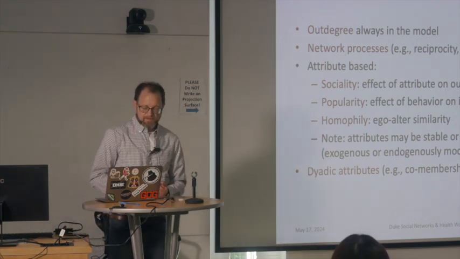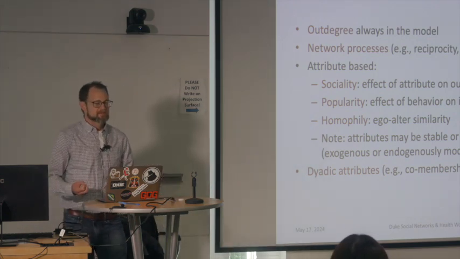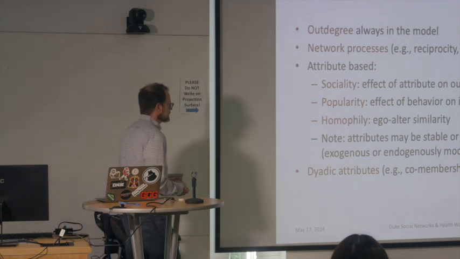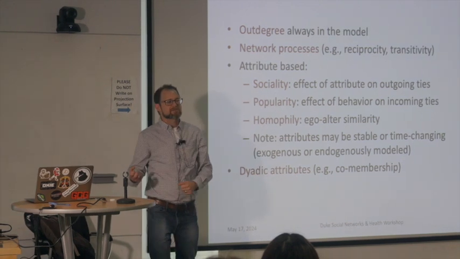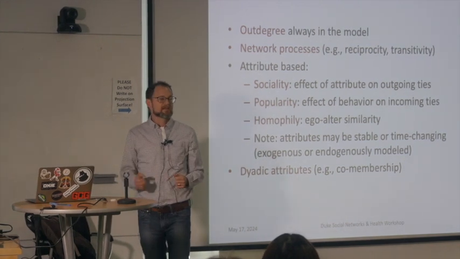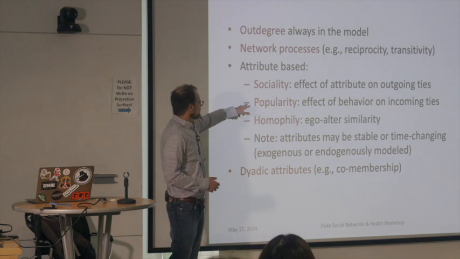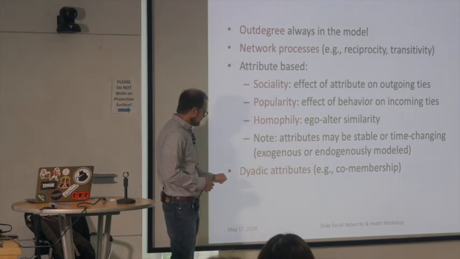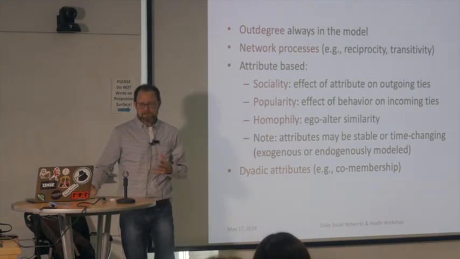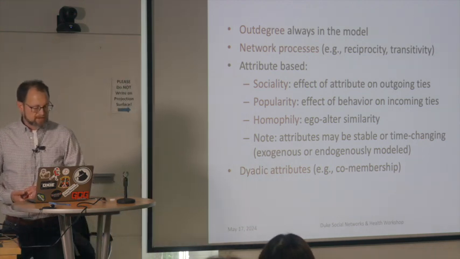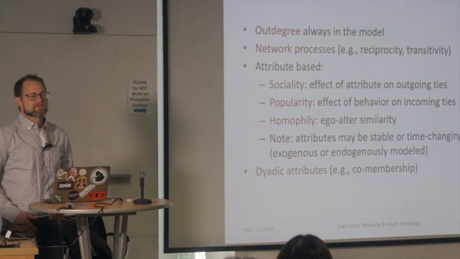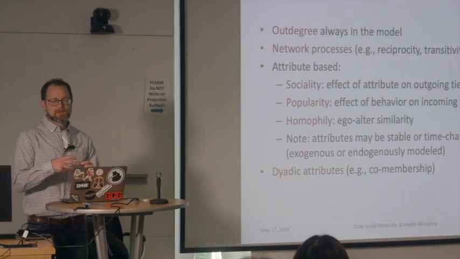We can also think about attribute-based effects. So we talked about homophily, but also sociality. Actors with certain attributes might send more ties, and actors with certain attributes might receive more ties. These things can be stable or time-changing. Oftentimes, dyadic attributes are really important to control for, things that bring people together.